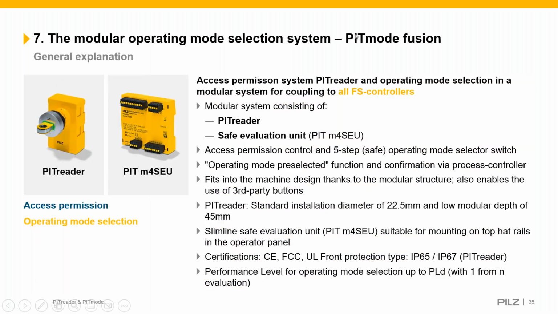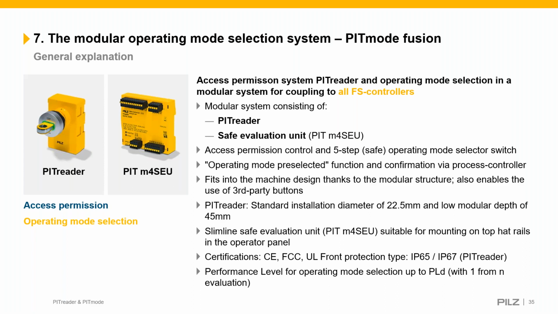If we then look at our products in a bit more detail, if we look at the PIP mode fusion, it is an access permission system, a PIP reader and operating mode selection in a modular system for coupling to all functionally safe controllers. It consists of the PIP reader and the safe evaluation unit, and the access permission control and 5-step safe operating mode selector switch.